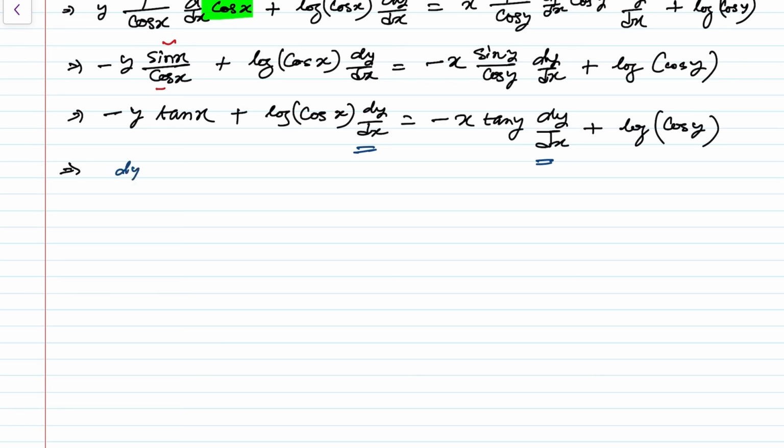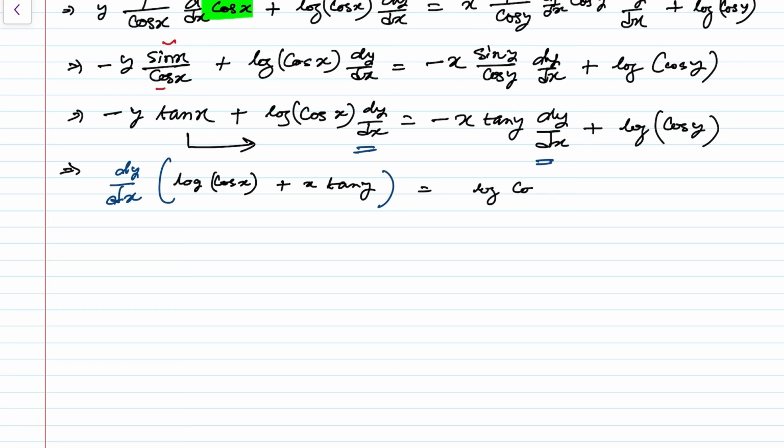So within the bracket we will get log of cos x plus x tan y. Then, transferring the other term to the other side, we will get log of cos y plus y tan x.